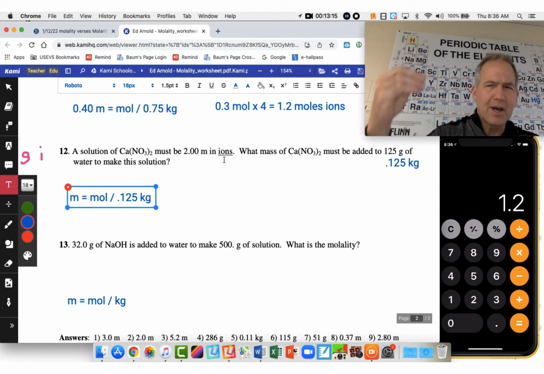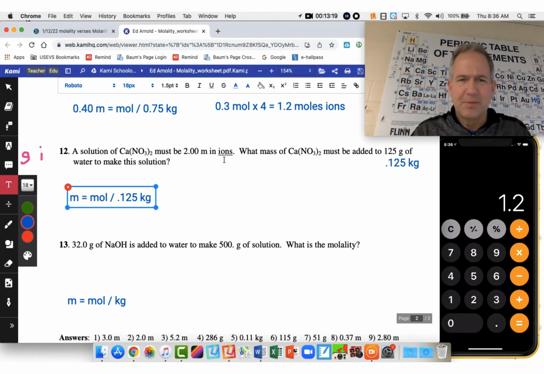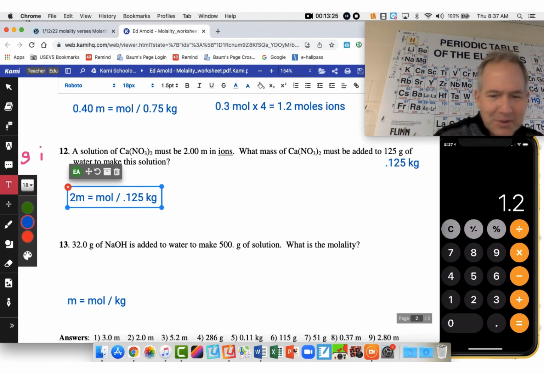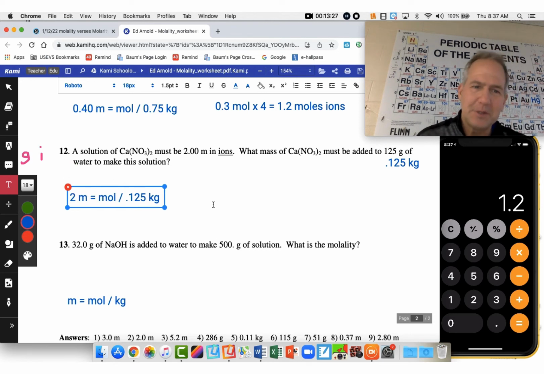So I'm going to adjust it after because I have the equation there, and it should be nice and pretty. So I'm going to put a 2 here. And then we'll go back and check and see if Mr. Arnold's doing it right, because this is new to me. So we're going to take the 2m times 0.125, and that equals 0.25.